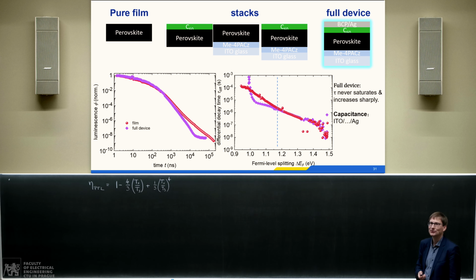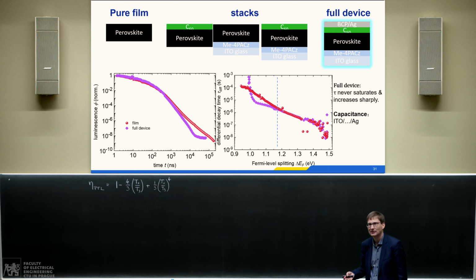The one thing you need to be able to do in your measurement to see this is a super low repetition rate in your setup. Most people measure with, say, 100 kilohertz repetition rate. That means every 10 microseconds there's a new pulse coming, and then you can't see this.